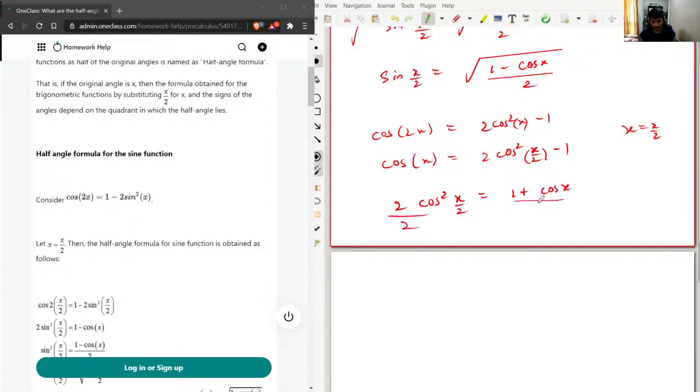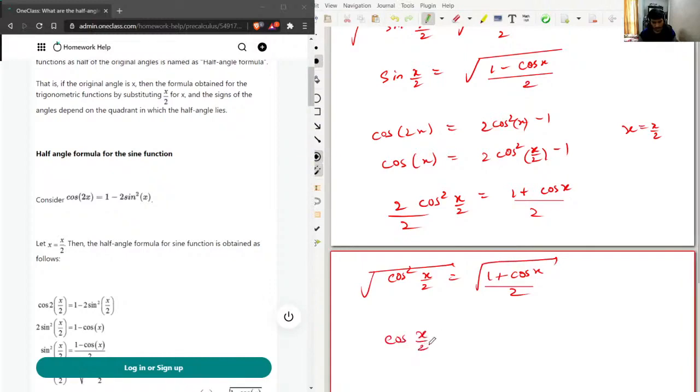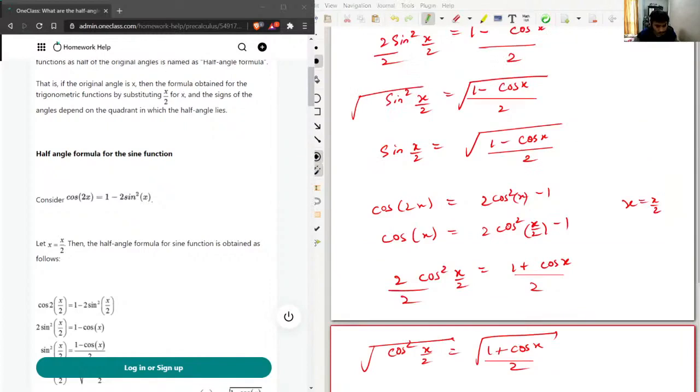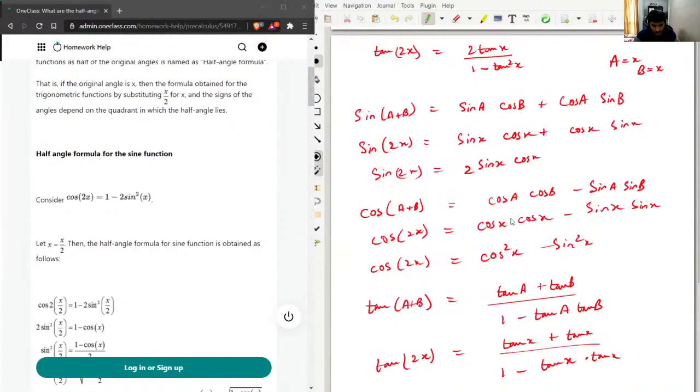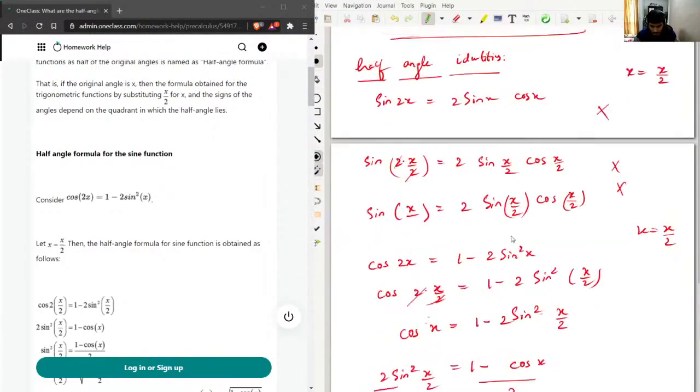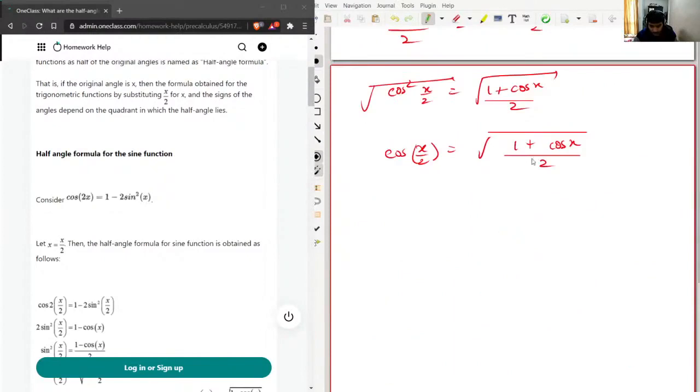Again, I'll divide both the sides by 2, giving 1 plus cosine of x over 2. I'll take the square root on both the sides. So cosine x over 2 is the square root of 1 plus cosine x over 2. Again, this is a very lengthy question.